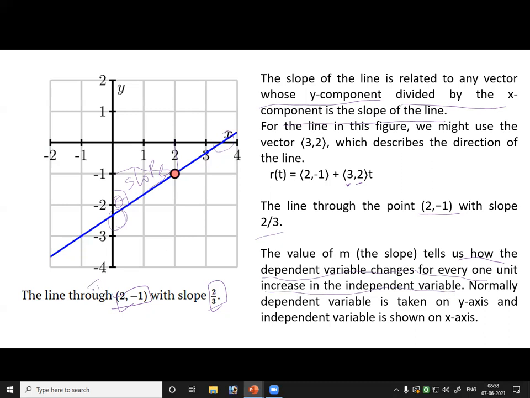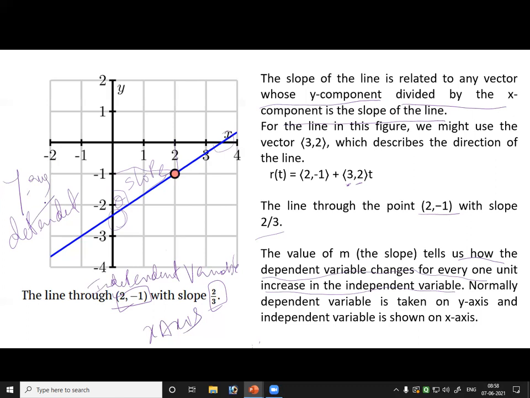Normally, we write the independent variable on the x-axis, and the dependent variable on the y-axis. So this is how lines work.